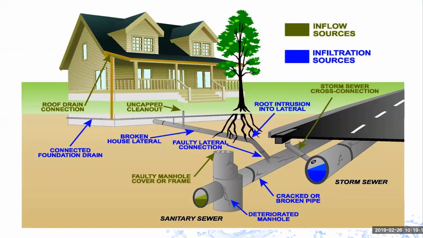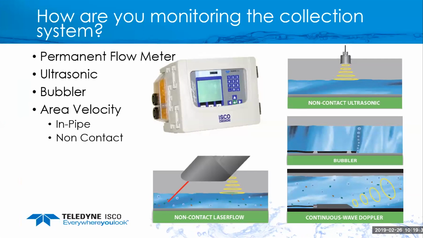You have cracked pipes allowing more water in, and then water from the roof drains. There are a lot of reasons why you could have infiltration. First you need to identify where it's coming from, and then we could use some of those other technologies or even smoke tests to determine exactly where that infiltration is coming from.